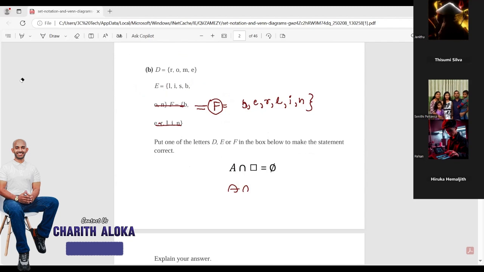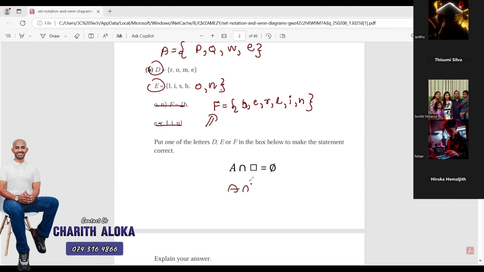You write down A as that. A intersect a set out of these three should be a null set. Null means there can't be any intersection.